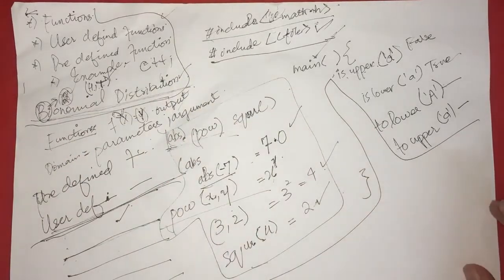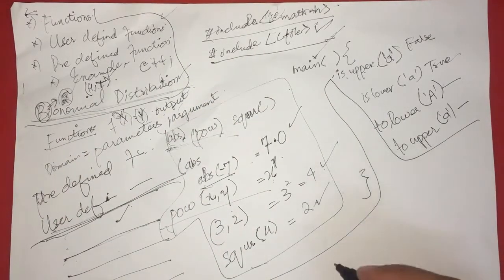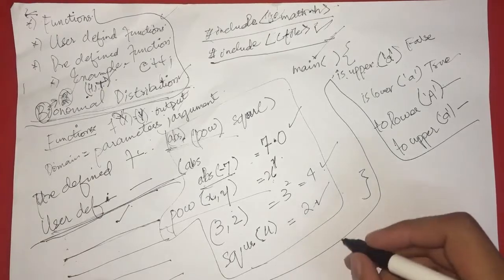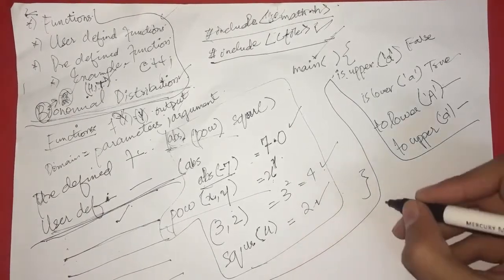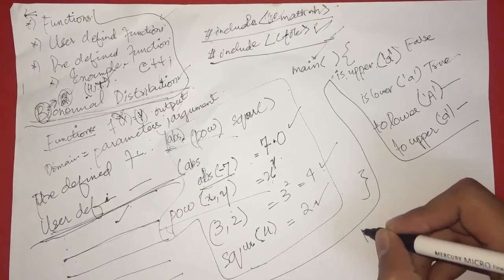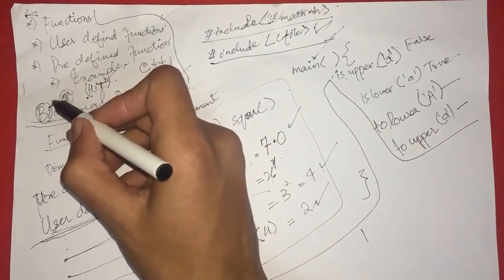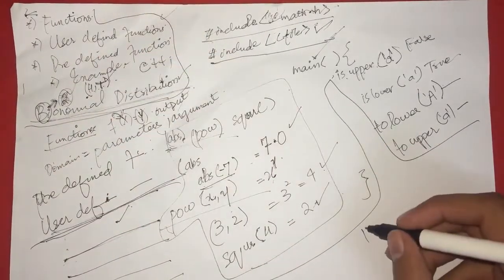The formula for binomial distribution: you have to have discrete random variables for binomial distribution also.